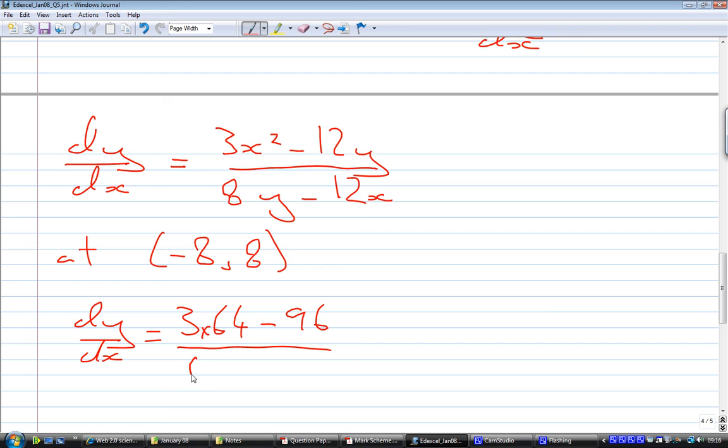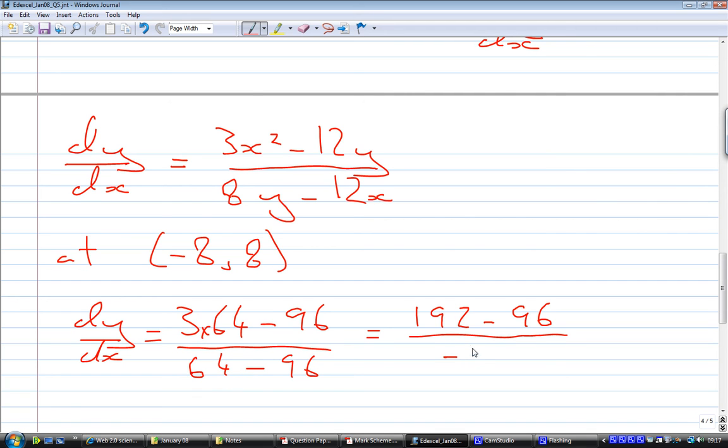8y again, it's going to be 64. Minus, and I think you can see it's going to be 96 again, so the numbers are working out quite nicely for us. So 3 times 64, so 3 times 60 is 180, plus 3 times 4 is 12, it's 192 minus 96. All over, and if you do it the other way around, 96 minus 64 is going to be 32, isn't it?